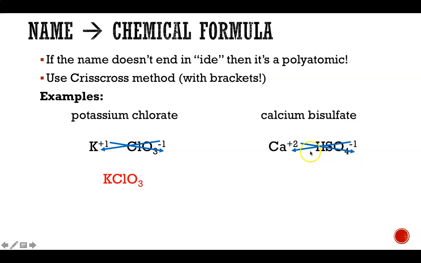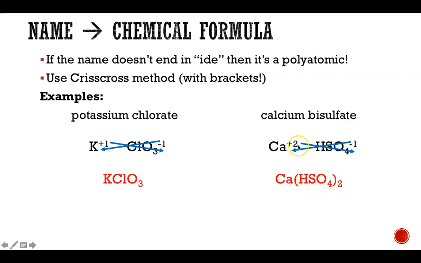And so it would be confusing to write HSO4 with a 2 right beside it. So instead, we're going to put it in brackets. And so what this does is this shows us that we have 2 of this entire polyatomic here. So we have 2 HSO4s.